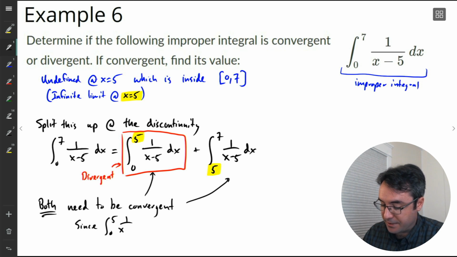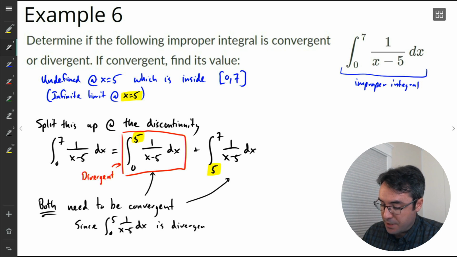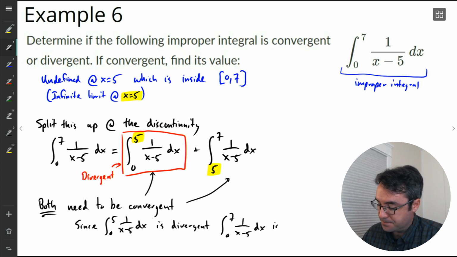So we don't even need to check that other improper integral. I mean, we could for practice, but since the integral from 0 to 5 is divergent, the other one doesn't stand a chance. The integral from 0 to 7 of 1 over x minus 5 is divergent as well.